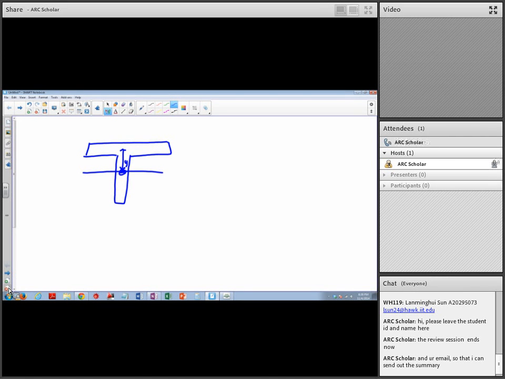I get it. So when this is curving here, we're looking for the y distance here.